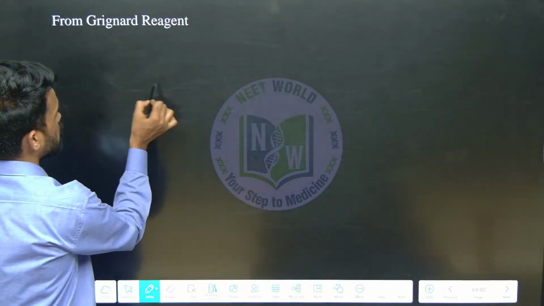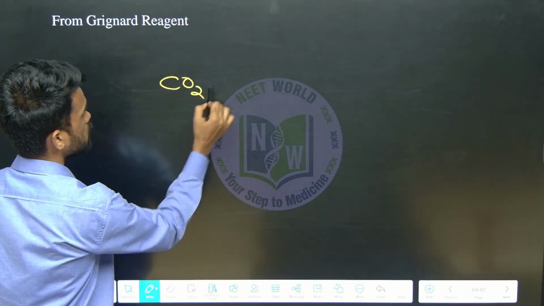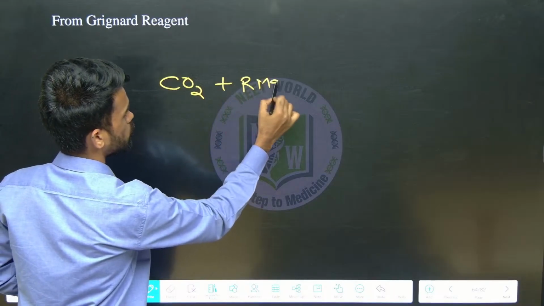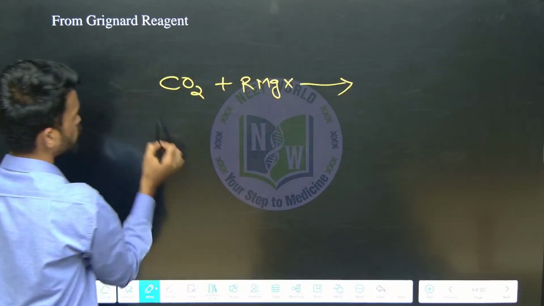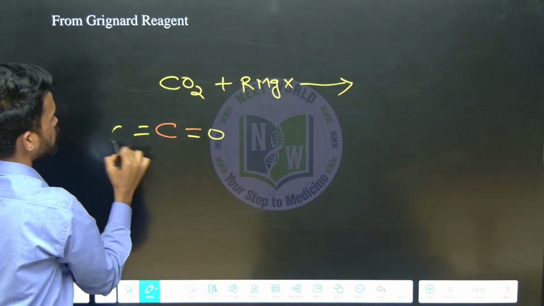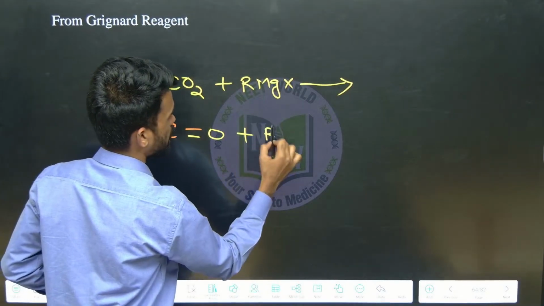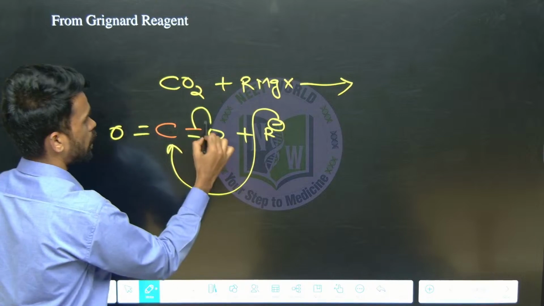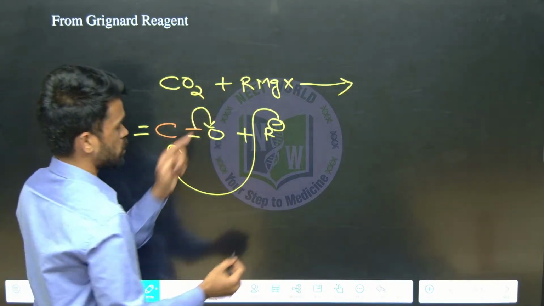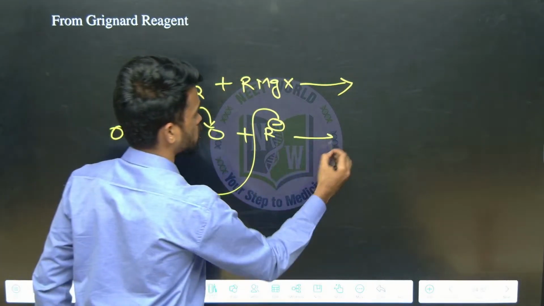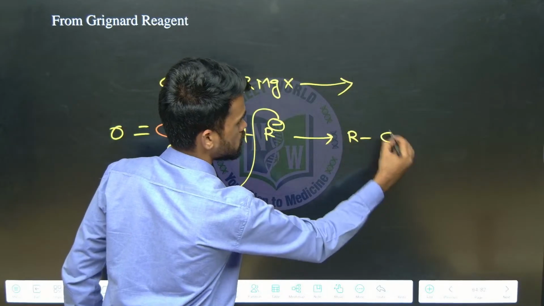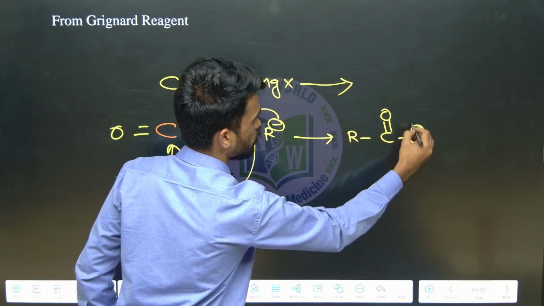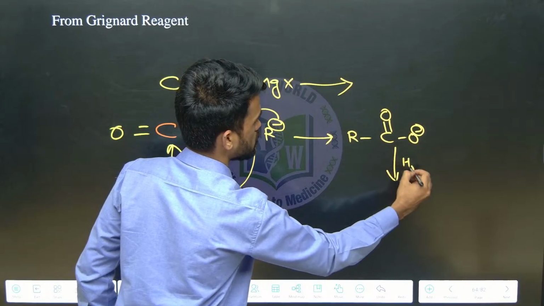Then next, from Grignard reagent. See, using Grignard reagent and carbon dioxide. See, RMgX I am using. So now what happens? This CO2 you can write in this way. So RMgX, R minus will attack here and the pi electrons shift towards the oxygen side. So RCOO minus forms.